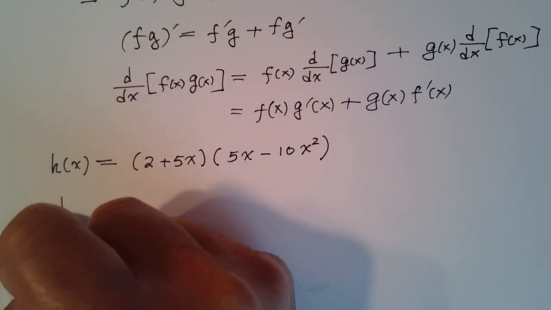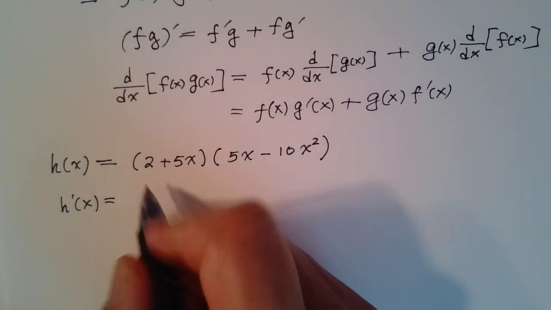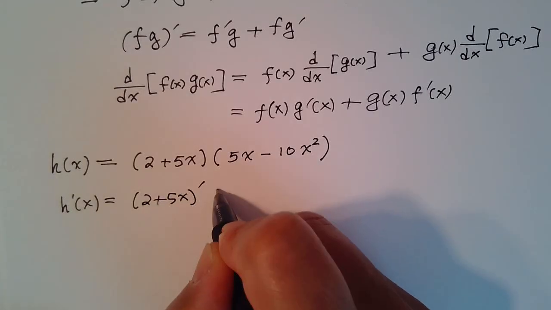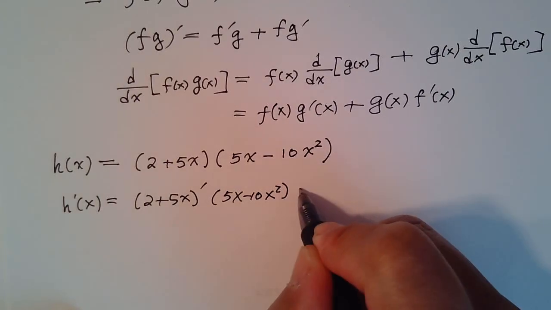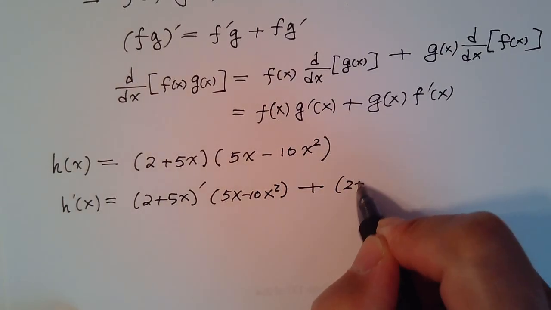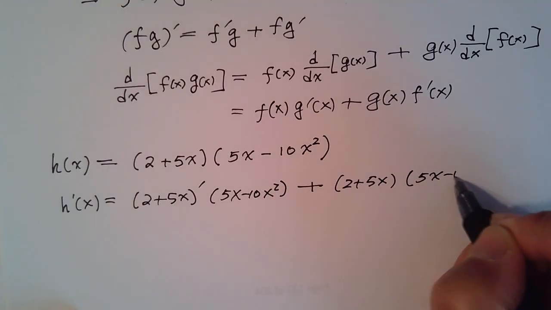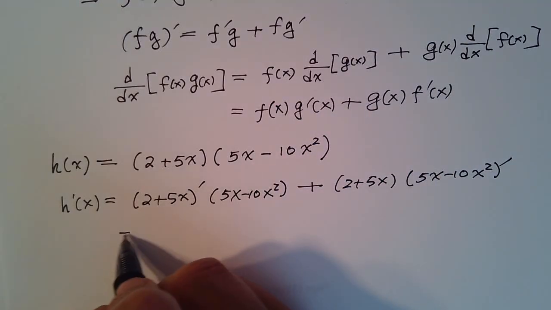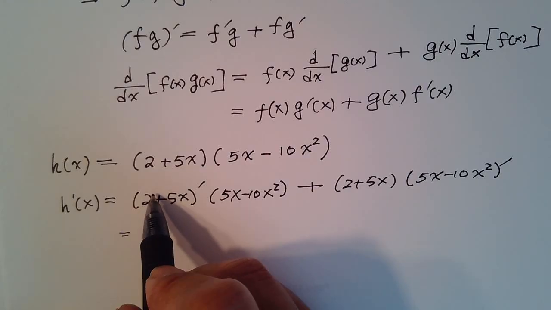So h'(x) will be (2 + 5x)' times (5x - 10x²) plus, I just copy the first one, and then I take the derivative of the second one. What is the derivative of this? This is the sum of two terms, but this one is a constant, so the derivative is 0.